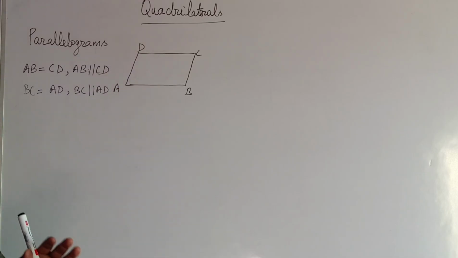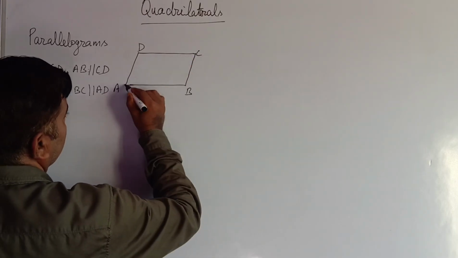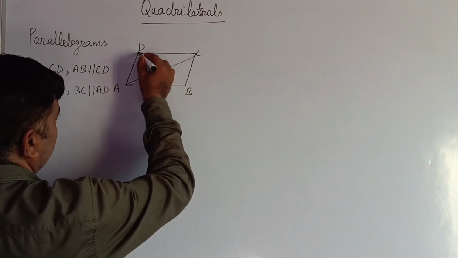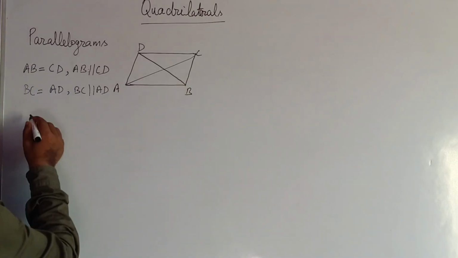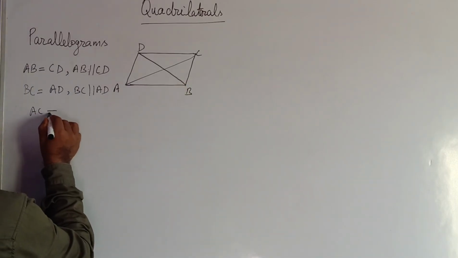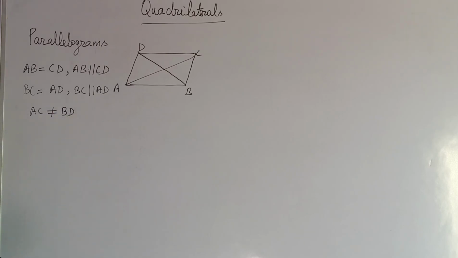Now, there are some more conditions in a parallelogram concerning the diagonals. This is diagonal AC and this is diagonal BD. The diagonals are not equal, AC is not equal to BD, but they bisect each other. We have to remember that the diagonals of a parallelogram bisect each other.